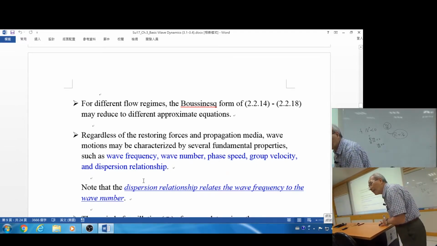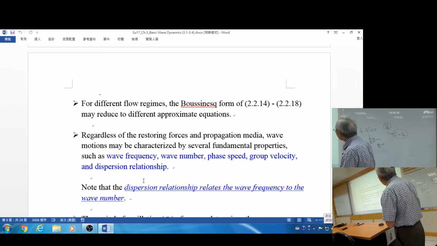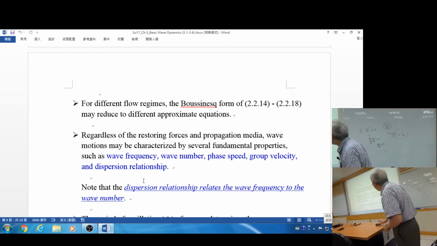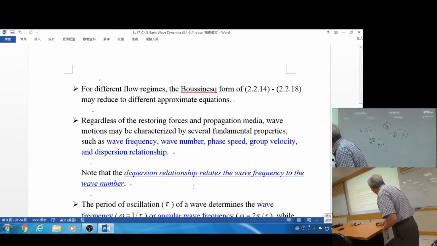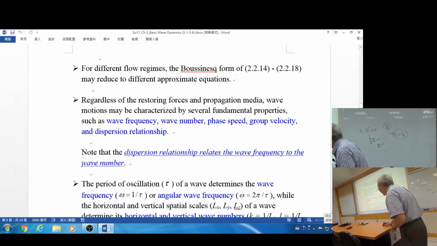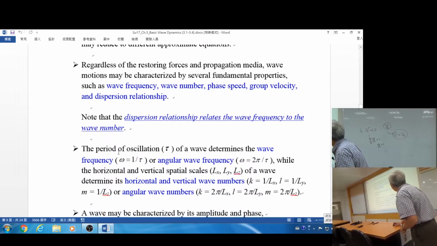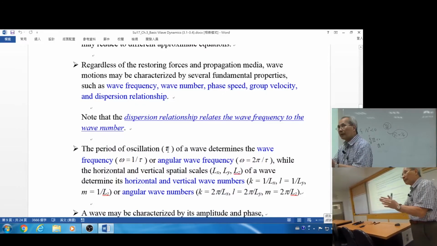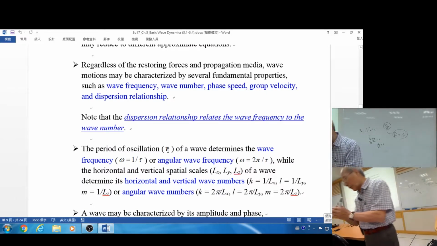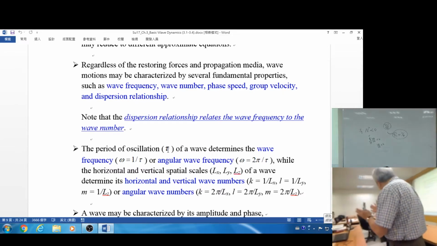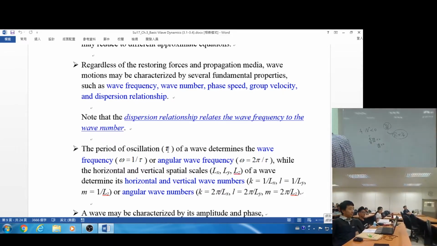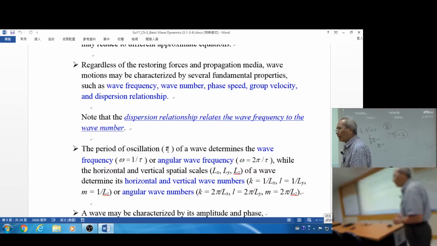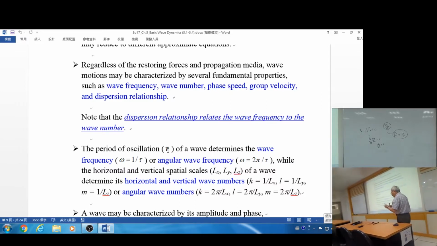The dispersion relationship relates the wave frequency to the wave number. And the period of oscillation tau, 振荡周期, of a wave determines the wave frequency. Wave frequency, I have to remind you.